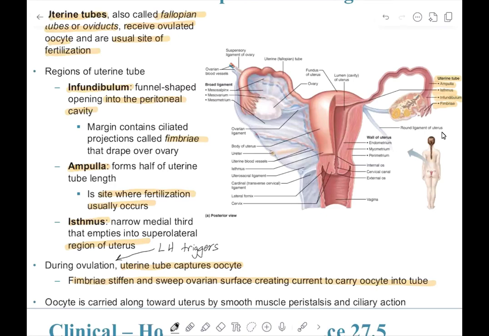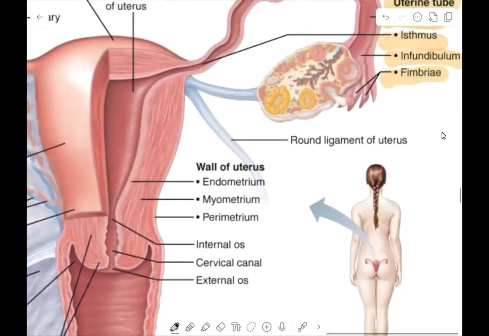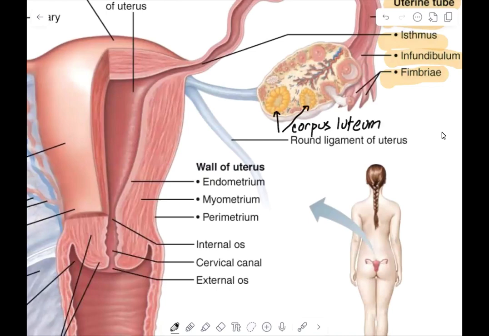Also, after ovulation occurs, the structure that is present in the ovary, which we can see shown here as well as here, is the corpus luteum. And you should know that the corpus luteum produces progesterone and estrogen. The big one is the progesterone. So that happens after ovulation.